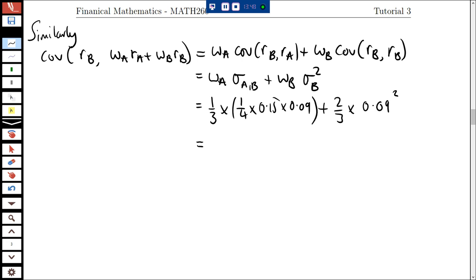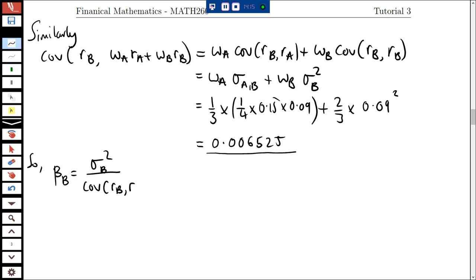So the covariance between asset B and the market in terms of expected returns, okay, we're making some progress now, is 0.006525, and so we can calculate the beta using our standard equation, which was boxed on the previous page, which is equal to, well, again, just some number crunching, 0.8586.